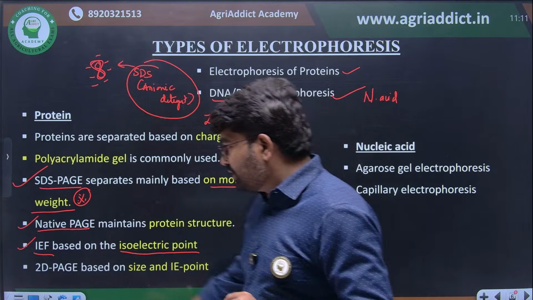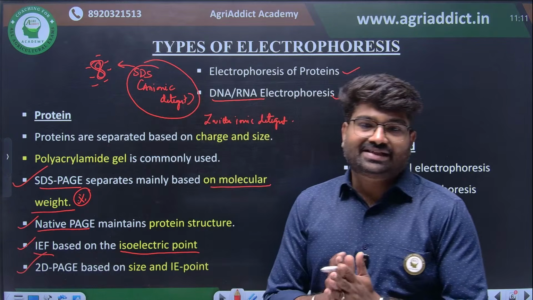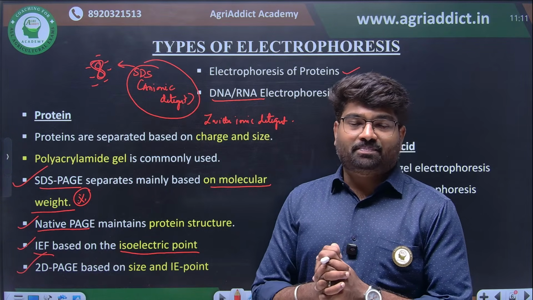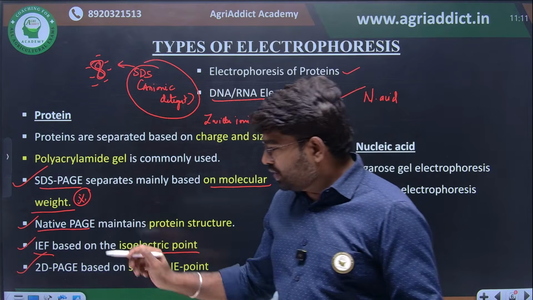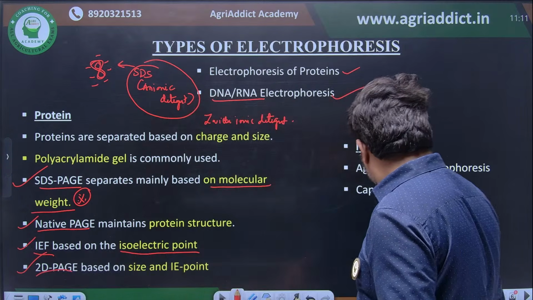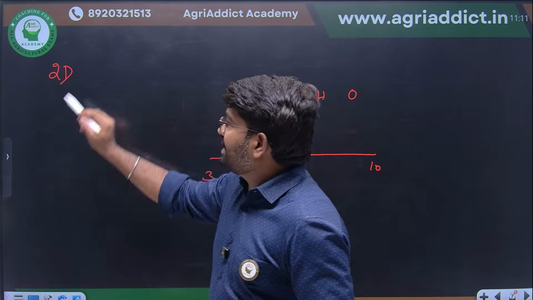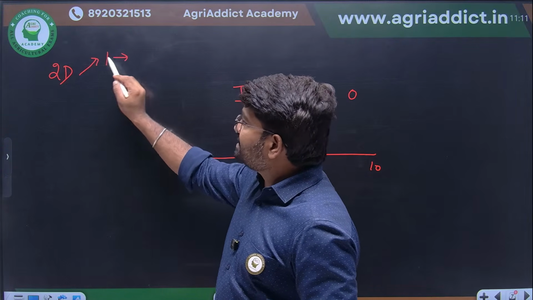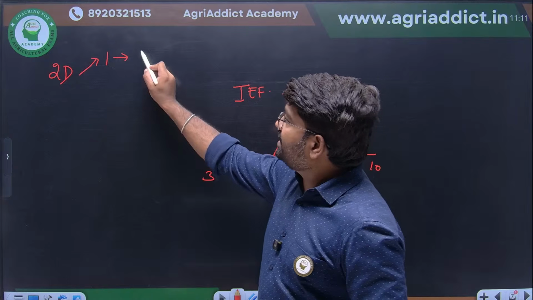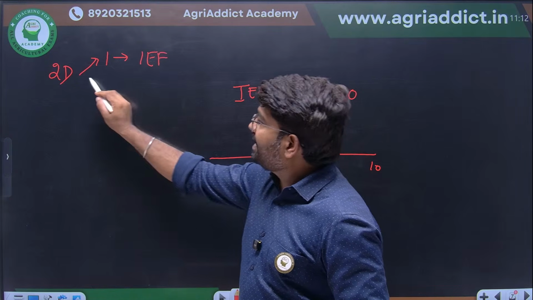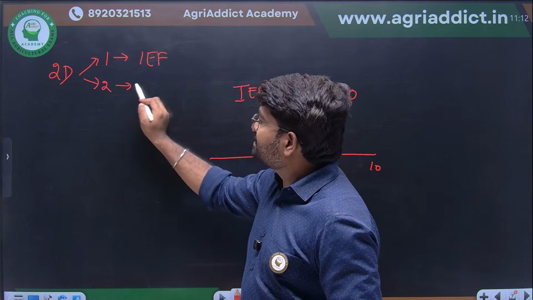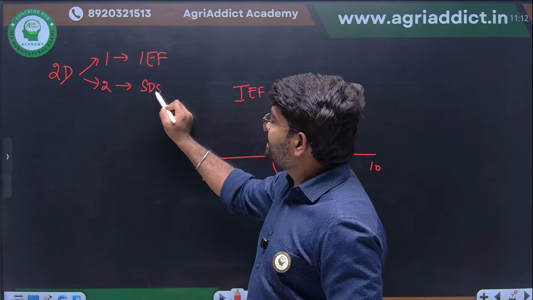Another most important thing is two-dimensional gel electrophoresis, that is 2D PAGE. The name itself says there are two dimensions. First dimension will be based on isoelectric focusing and second dimension will be based on molecular weight, that is SDS PAGE.